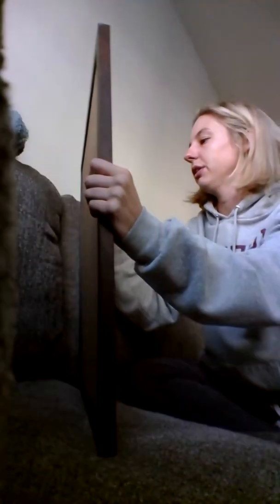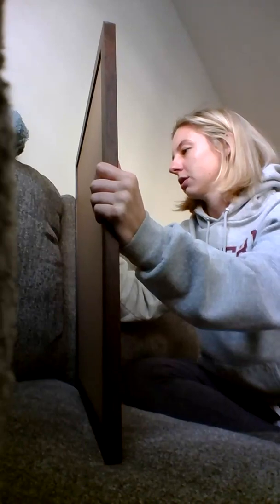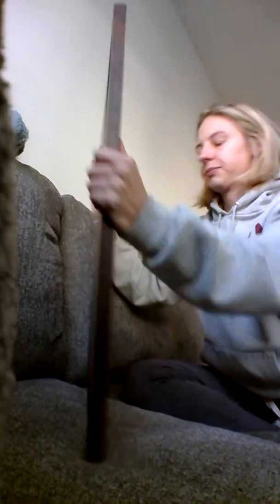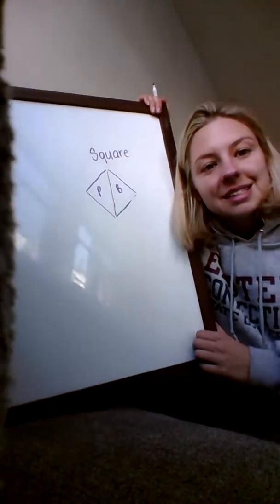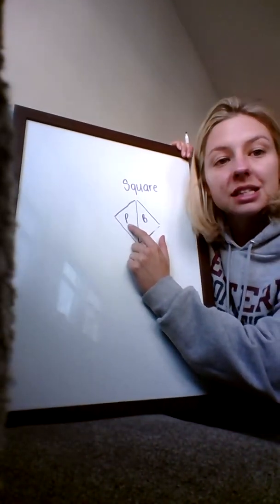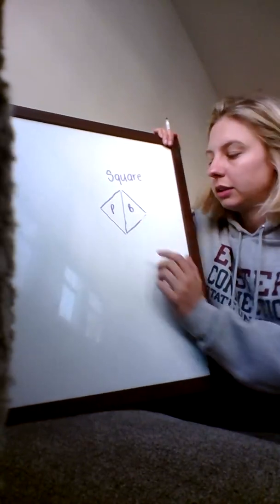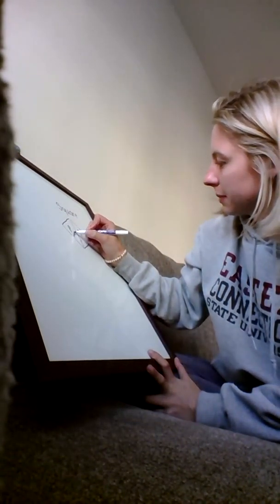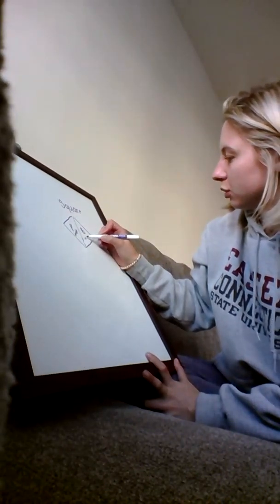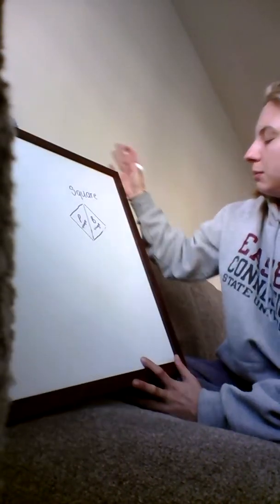So, now that this is a square, each side, or this part, which was the pink one, was a triangle. And the blue one was a triangle that each made up a square.